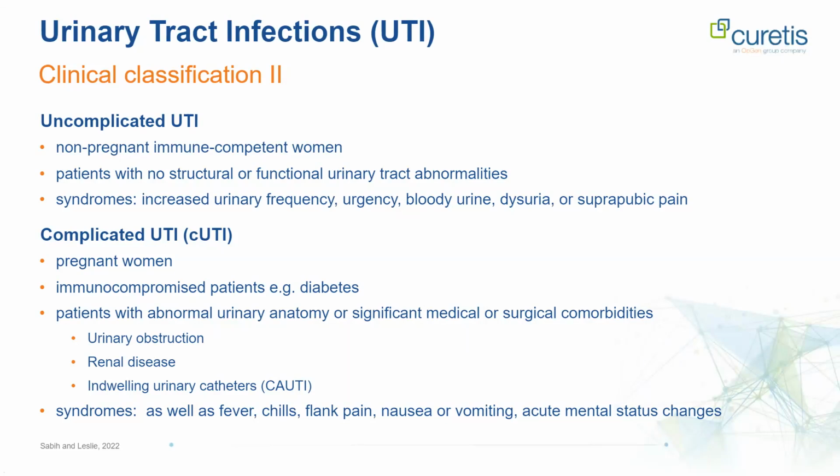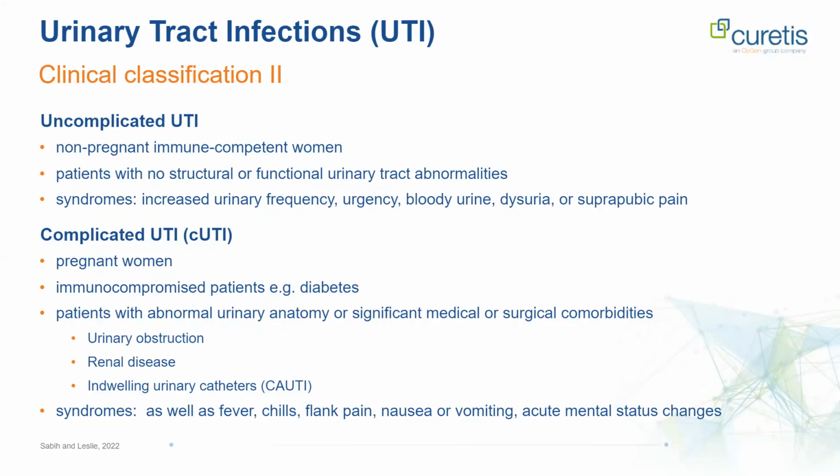Complicated UTI occurs in pregnant women or men, patients with comorbidities such as diabetes, or patients with abnormal anatomy, for example, those who have urinary obstruction or renal diseases.